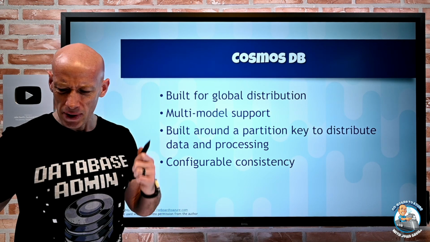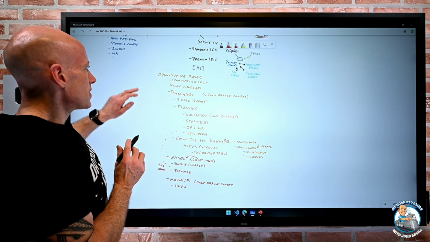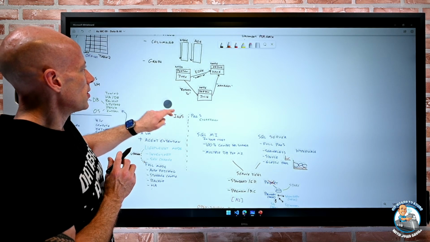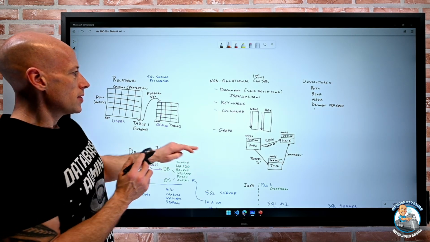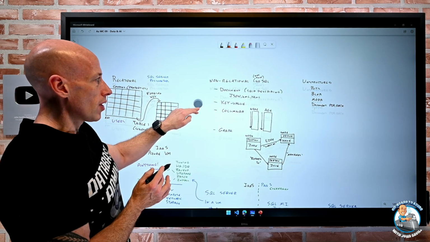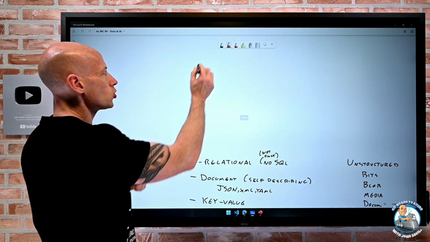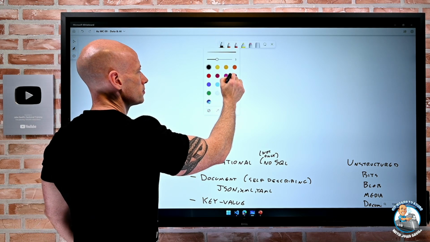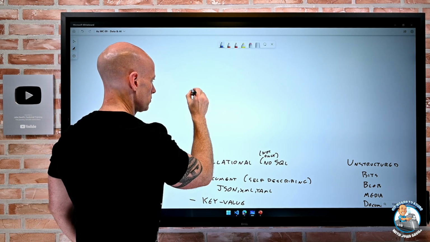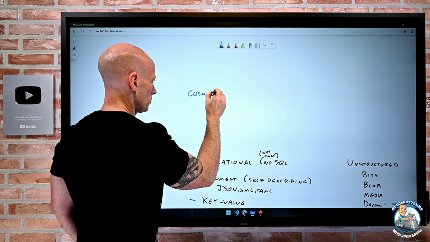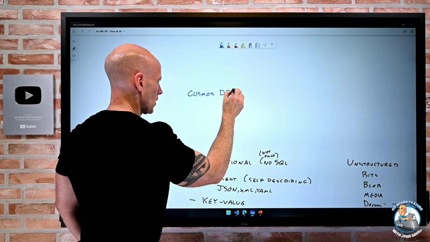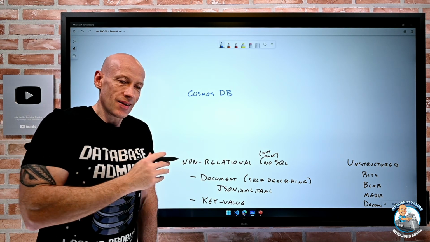So, okay, what does that mean? So let's actually go up this time. So now we're going back to this idea of non-relational. So with non-relational, we're going to talk about Cosmos DB. I'm not going to get into all the theory.